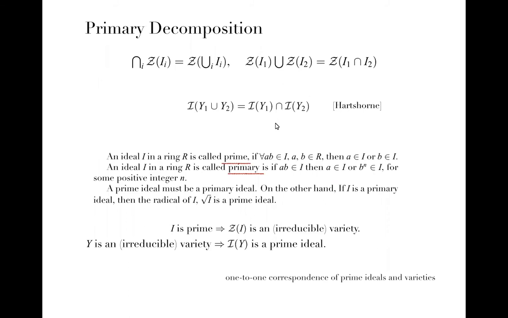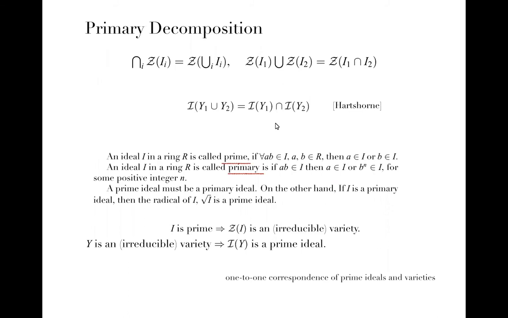Then you get an irreducible algebraic set called a variety. But this is a geometric picture. If you have something higher than two dimensions, basically you can't do it by yourself. Then we need some algebraic way to do this kind of Zariski topology decomposition of closed sets.